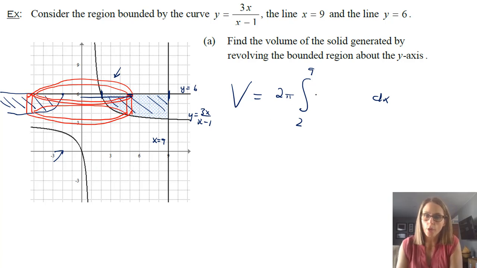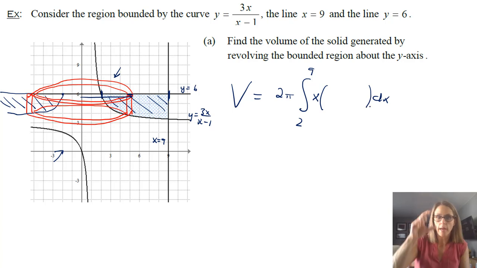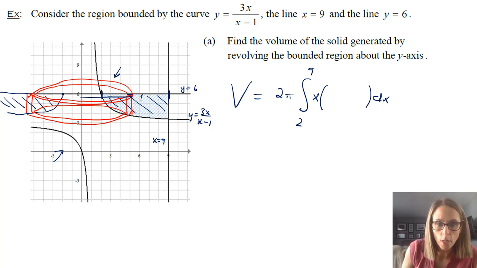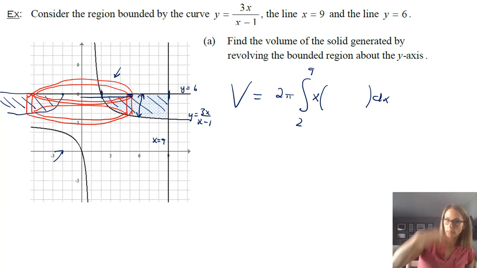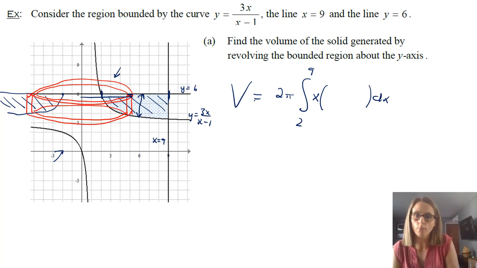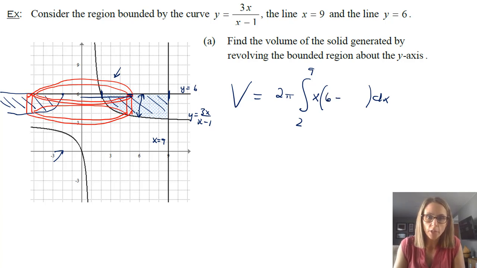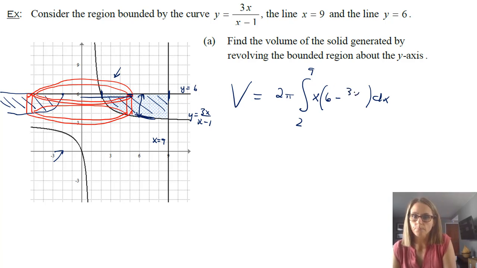That's wherever you are, so that's x. And then of course the big part of this is the height, and the height of each shell is from here to here. We're not hitting the x-axis here, we're just going between those two functions, so you're going to take 6 and subtract whatever this value is down here, on the function 3x divided by x minus 1.